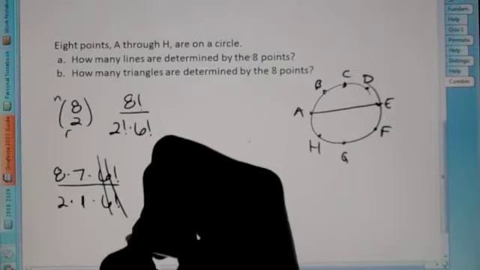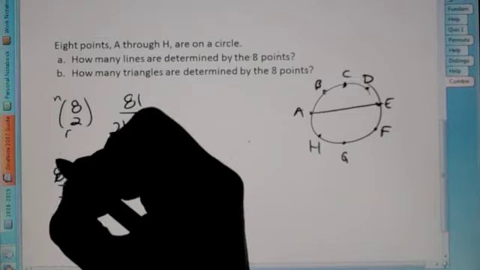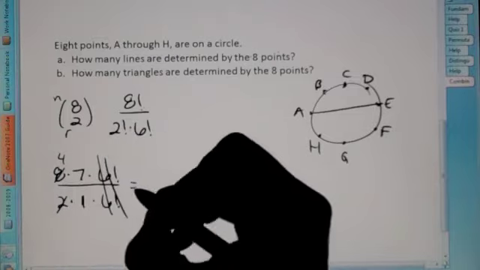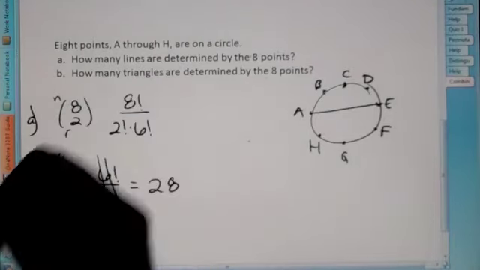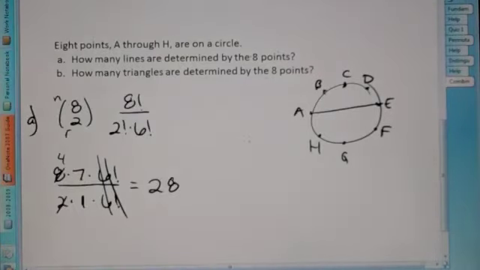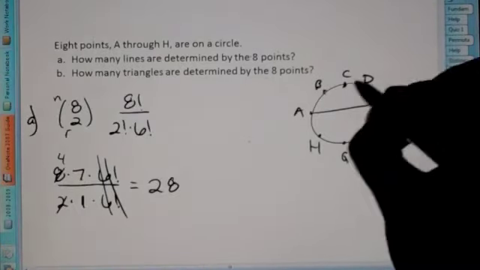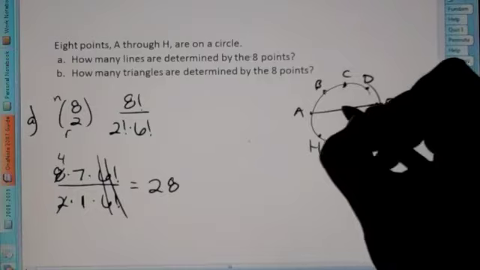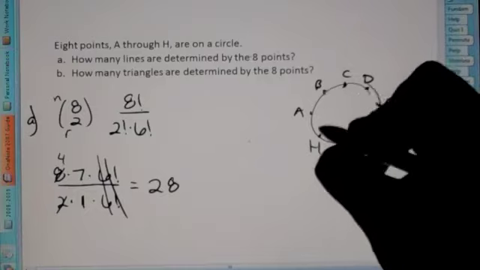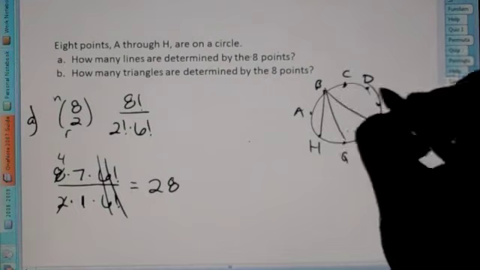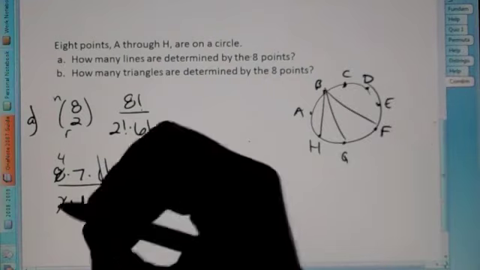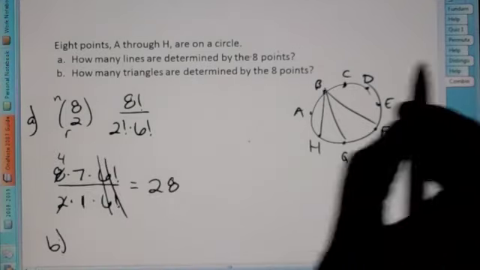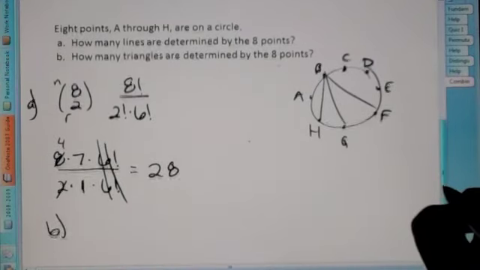These cancel out. 2 goes into 8 4 times. 4 times 7 is 28. There you go, so that's the answer for part A. There are 28 lines that you can create here.